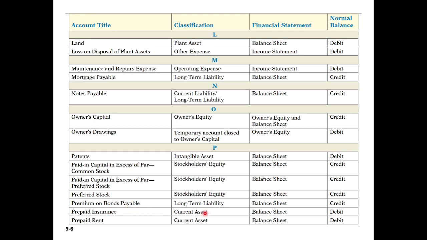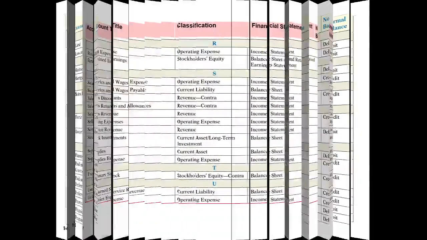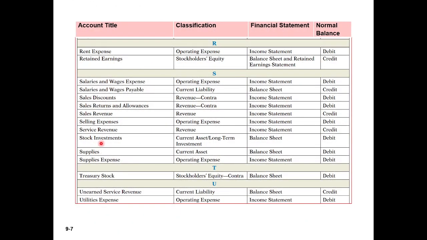Premium on bonds payable, long-term liability, balance sheet, credit balance. Prepaid insurance, current asset, balance sheet, debit balance, and prepaid rent, current asset, balance sheet, debit balance. Next, R: rent expense is an operating expense, income statement, debit balance. Retained earnings is stockholders' equity, a balance sheet and retained earnings statement item, credit balance.